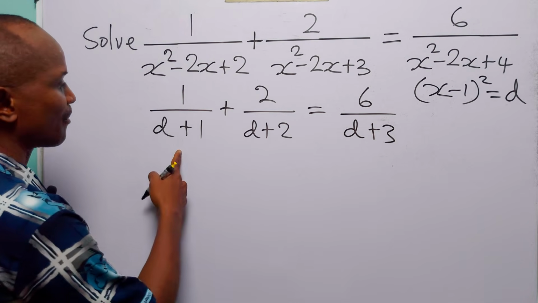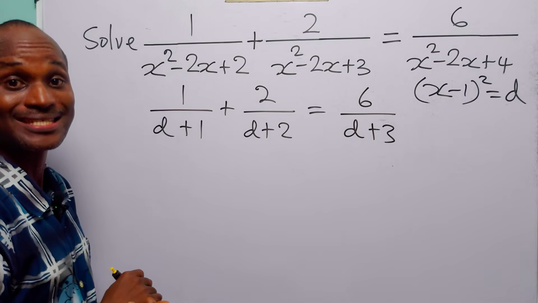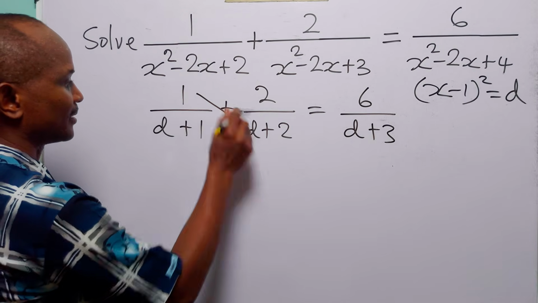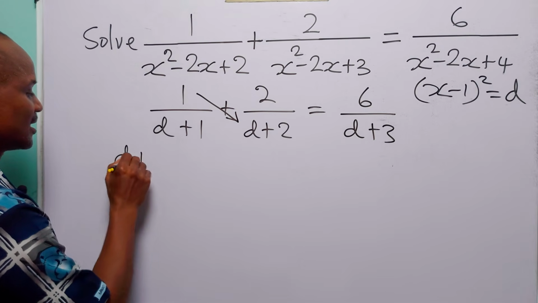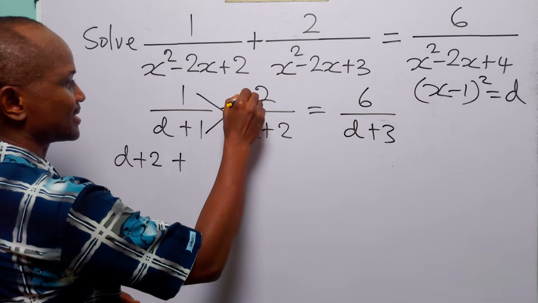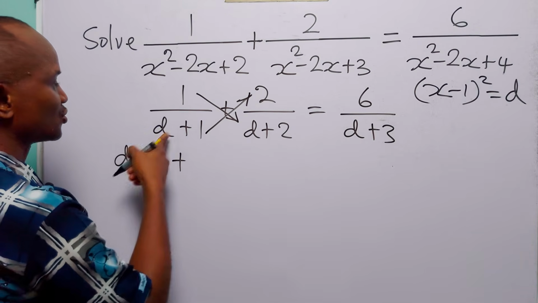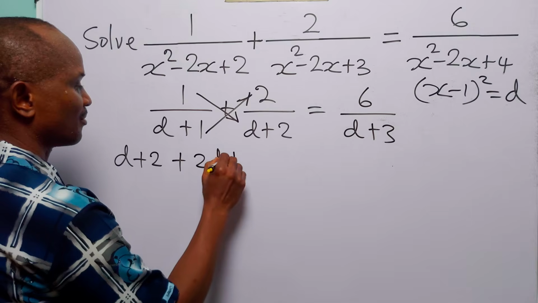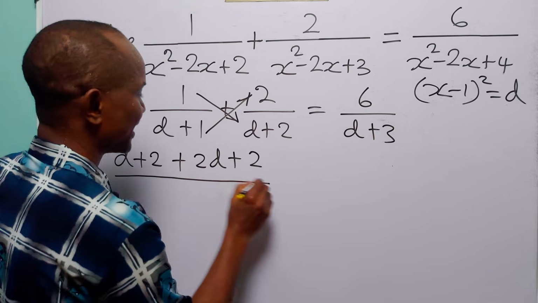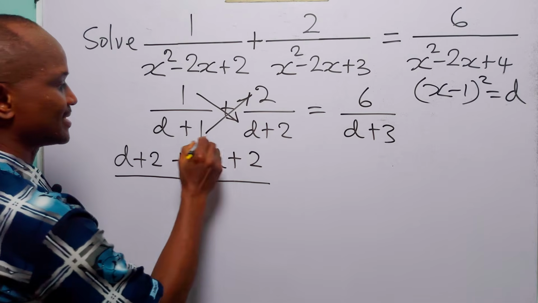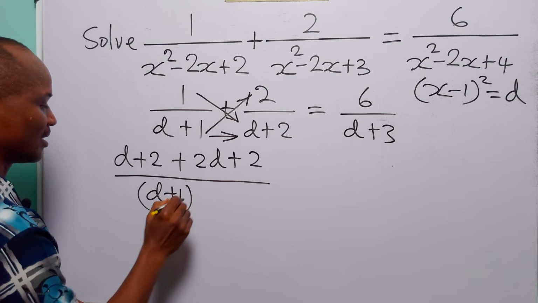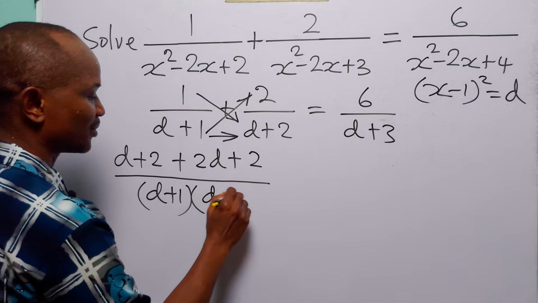Now, the next step is to combine these two fractions into one single unit. And to do that, we multiply this by this. So we have d plus 2. Then we have plus. We multiply this by this. So we have 2d plus 2 times 1, which is 2. Divided by, we multiply this by this. So that is d plus 1 multiplied by d plus 2.